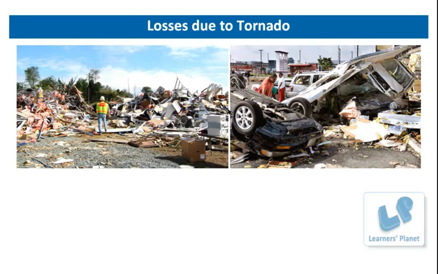and 9 p.m. So, my dear friends, here you can see two pictures of the losses caused by tornadoes. This is a picture from September 24th, 2001, and it shows the tornado which touched down in suburban Maryland.